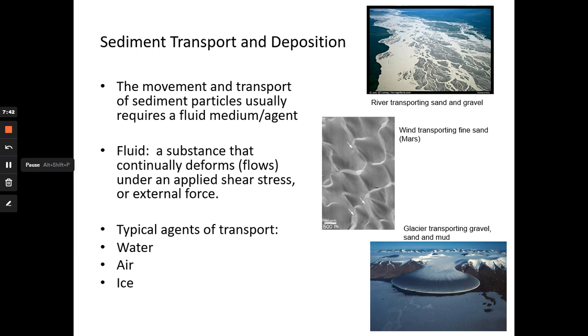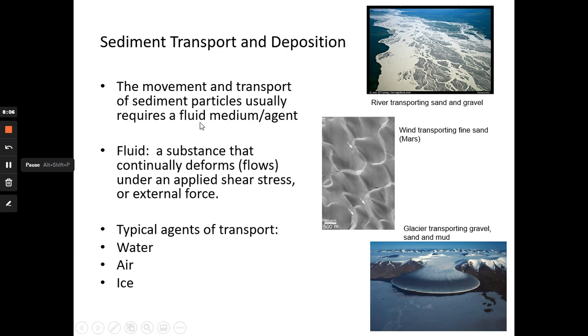Okay, so like I mentioned in the previous slide, you need a medium to transport the sediment from the source to the sink. Okay, so this medium, we call it an agent of transport and deposition. The movement and transport of sediment particles usually requires a fluid medium or agent.